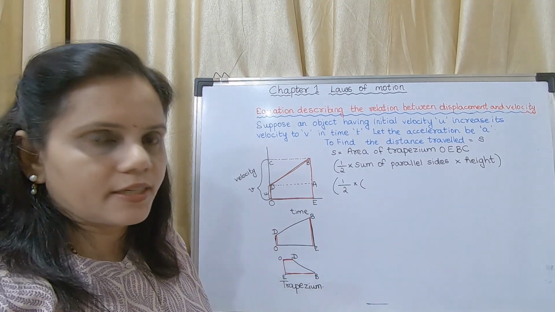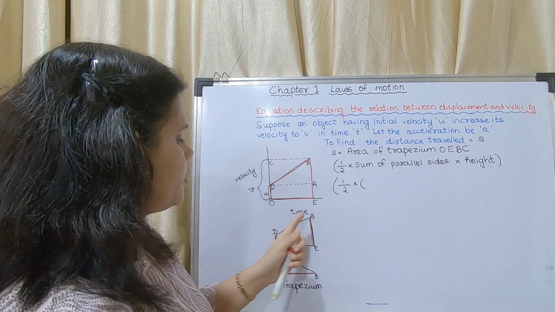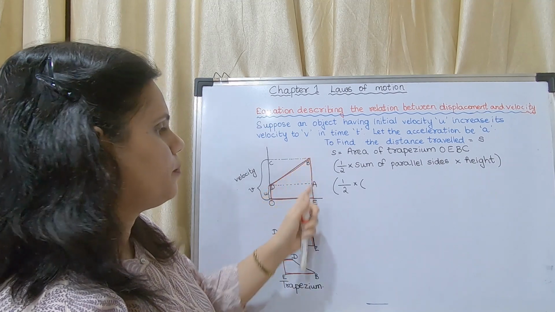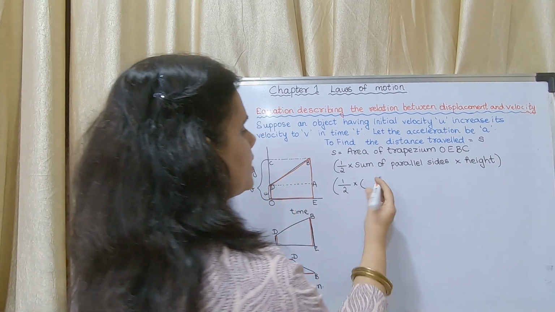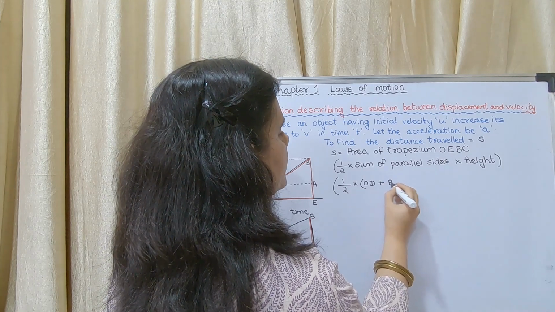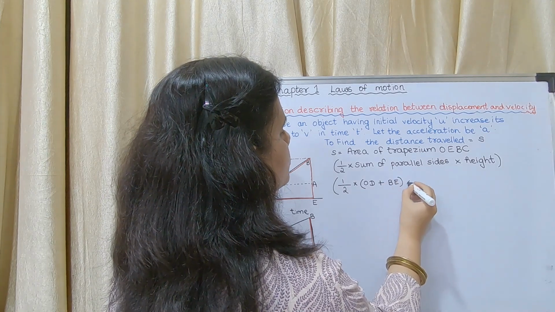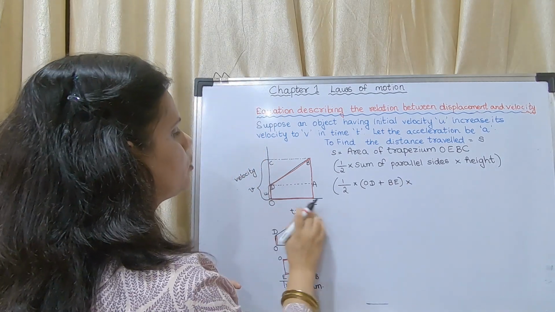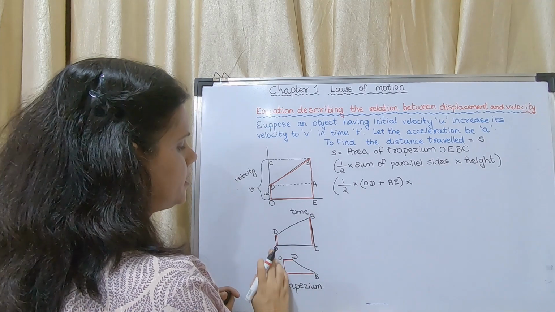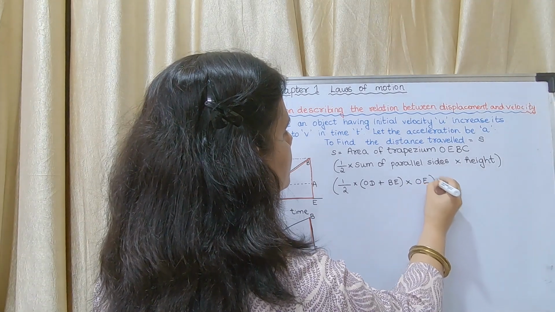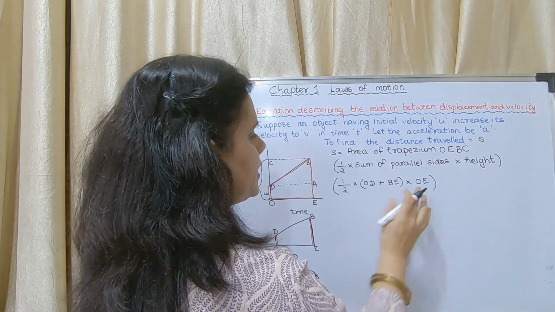So these are the parallel sides, OD and BE. The sum of parallel sides will give you OD plus BE, into the height. What is the height? The height is OE.